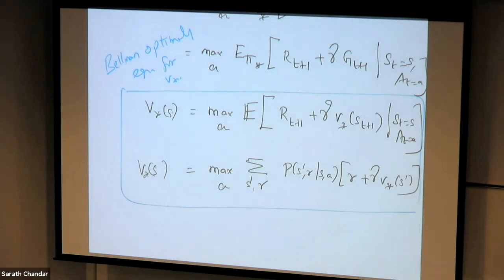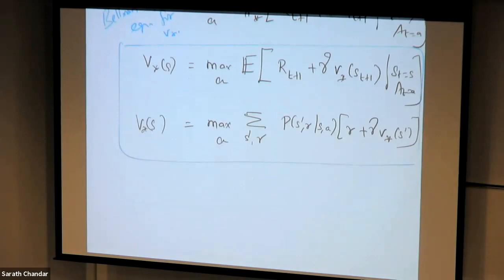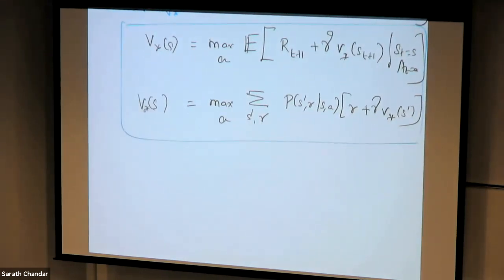Now let us try to draw the backup diagram and see how this is going to look. You start with s, and you have many possible actions. If you remember the initial Bellman equation, it was summing over all possible actions, but the optimality equation takes a maximum over these actions.